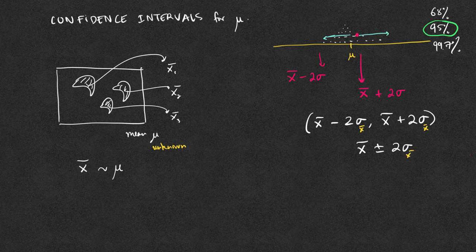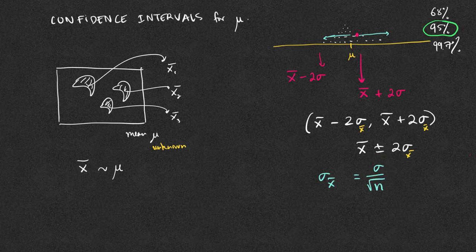What is sigma x bar? Sigma x bar is the standard deviation of the population sigma divided by the square root of n. And so we will construct the confidence interval for the unknown population mean with sigma given, meaning somehow we know the standard deviation of the population, and this might be from historical data.